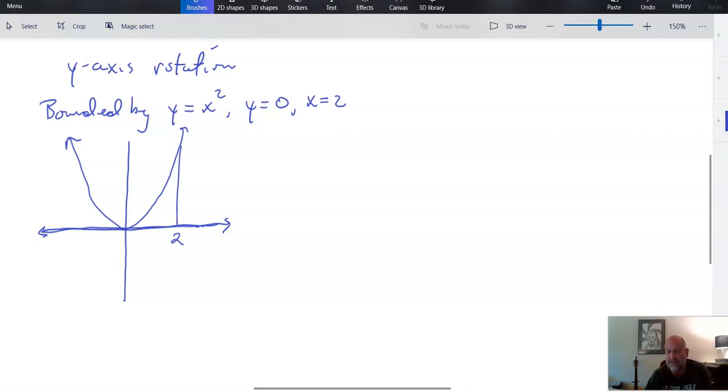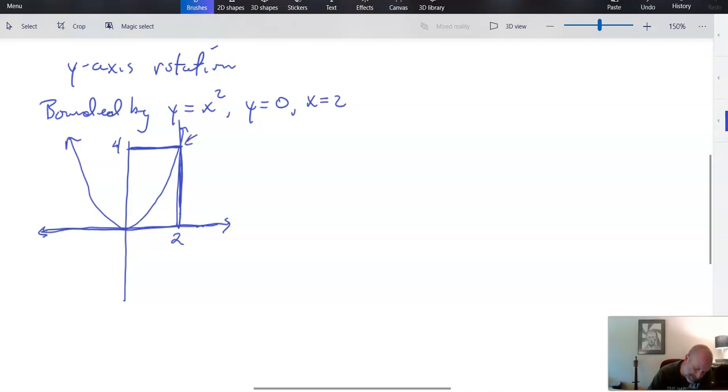One of the things you do need to know is what the y value is when x equals 2, because if x equals 2 is a boundary, the shape I'm revolving is going to be contained inside this box, from where x equals 2 cuts it off. Because this is x squared, if x equals 2, then y equals 4. That ends up being important.